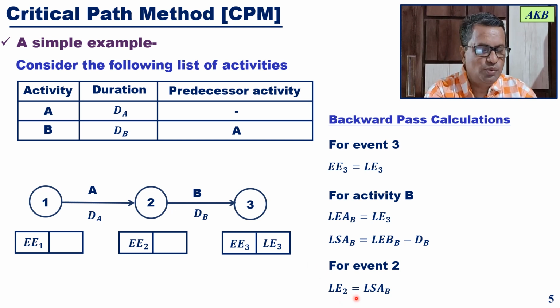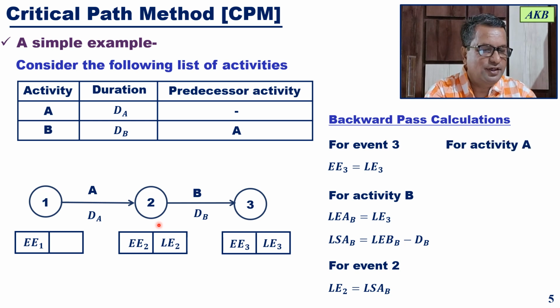So LE2 is equal to LSAB, that is, the latest event time for event 2 is equal to the latest start time for activity B. Once you know this for event 2, you note it down in the second part of the rectangular box for event 2.